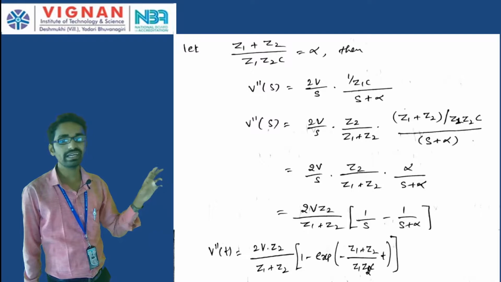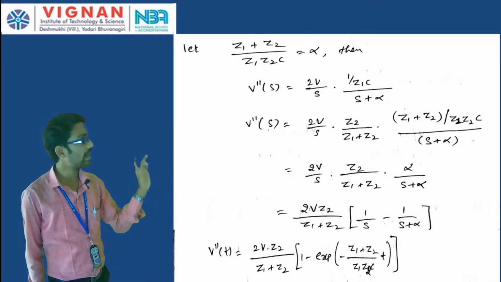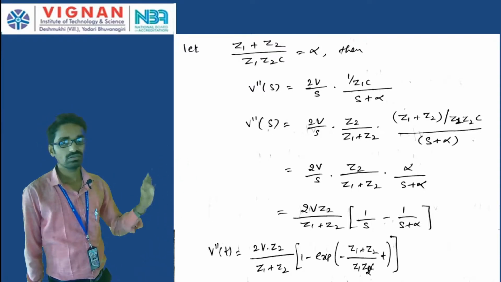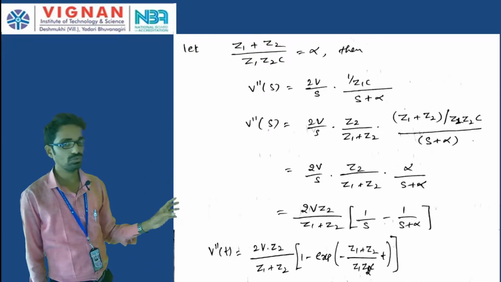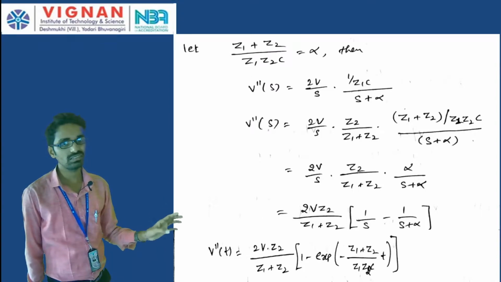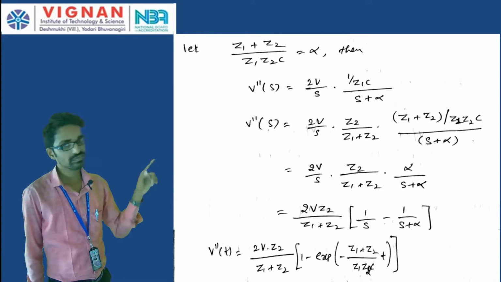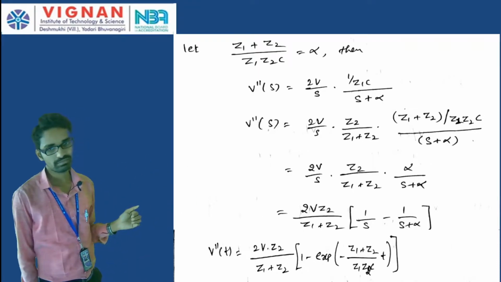I am multiplying and dividing with Z1 plus Z2 by Z1 plus Z2 and Z1 into Z2 by Z1 into Z2. If I multiply and divide with those terms, you are going to get 2V by s into Z2 by Z1 plus Z2, into Z1 plus Z2 by Z1 Z2 C, and the whole divided by s plus alpha.